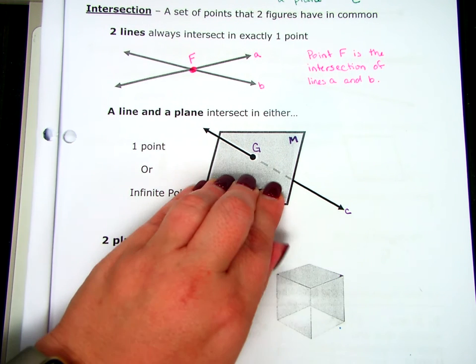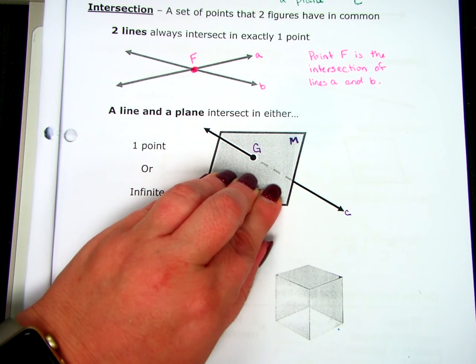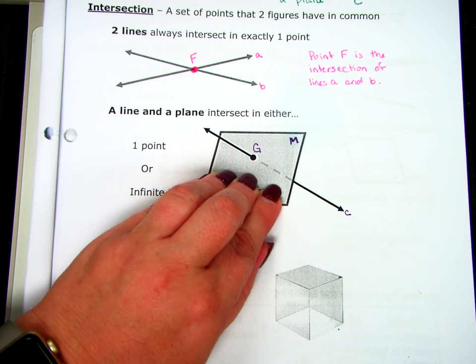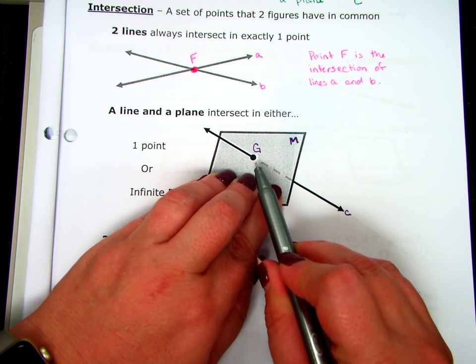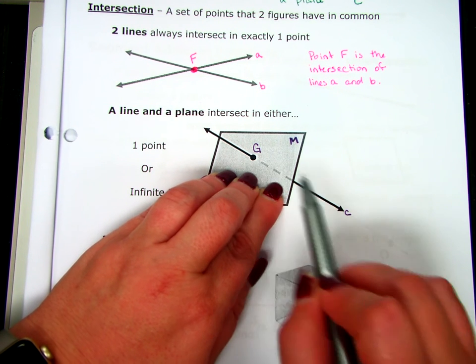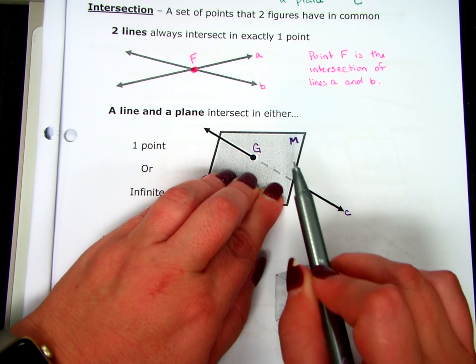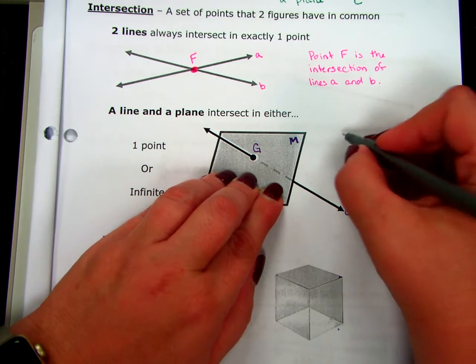If I wanted to describe that part of the picture, I covered up the little line on the bottom. If I wanted to describe just that, I could say line C intersects plane M at point G. Or I could say point G is the intersection of line C and plane M. Or plane M and line C. So again, multiple different ways to write this.